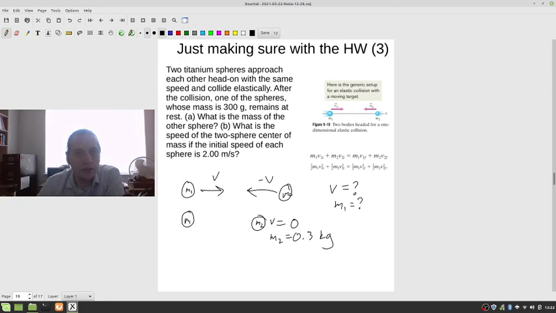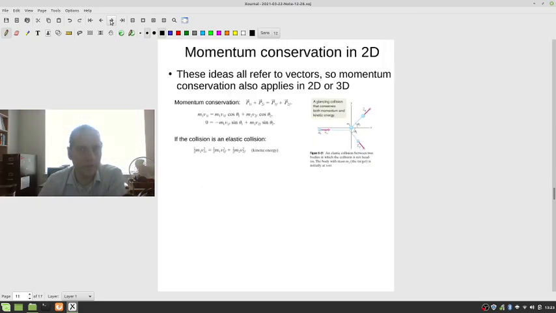What is the speed of the two spheres' center of mass if the initial speed of each sphere is 2 meters per second? So this is 2 meters per second, and here my V is minus 2 meters per second. I will let you puzzle over that again, but it's essentially the same idea. If you have any questions about it, just email me and I'll try to get back to you.